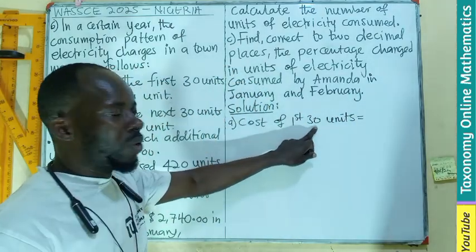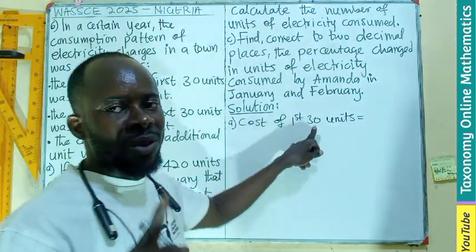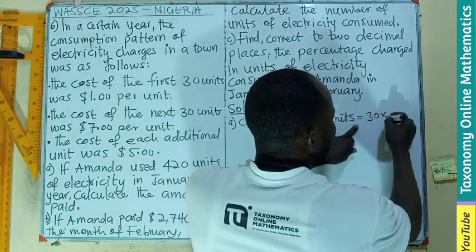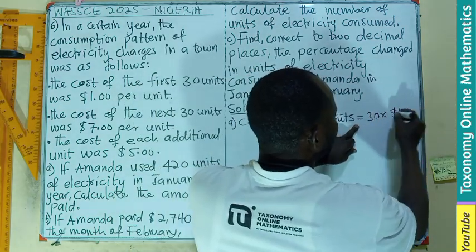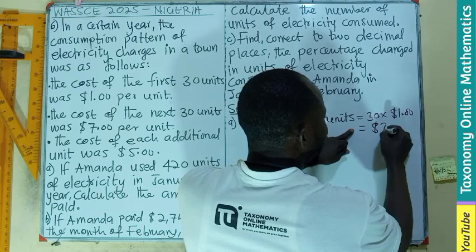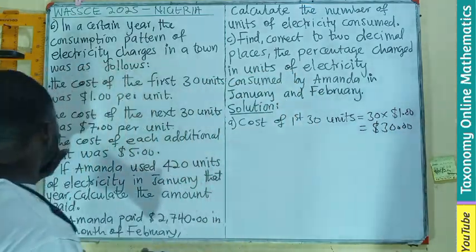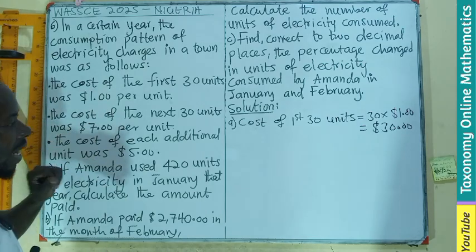We are saying 30 units, every 1 unit is paying what? $1. So you are going to have 30 times $1, and that will give you $30.